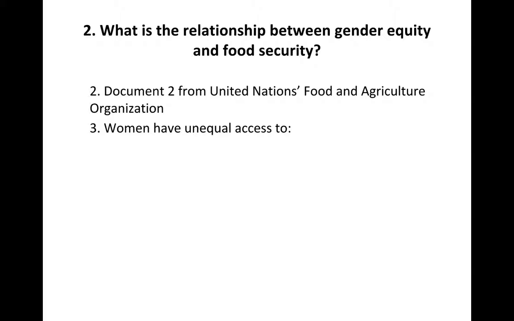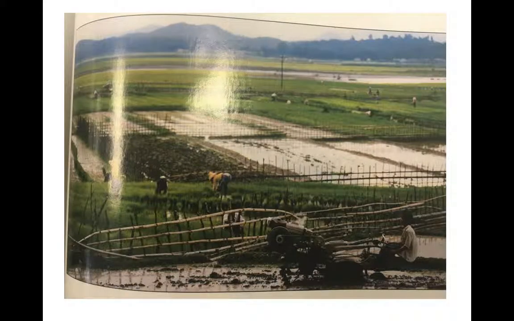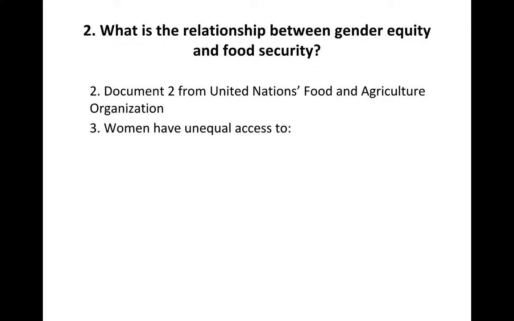So what I'd like for you to do right now for number 3, women have unequal access to, is to read back over and look at this figure again, and read back over document 2 and write down a couple of things that women have limited and/or unequal access to.